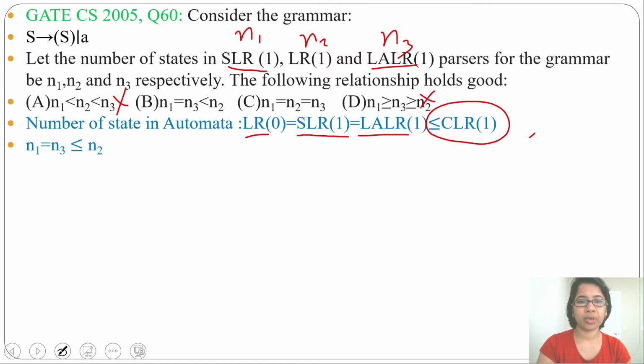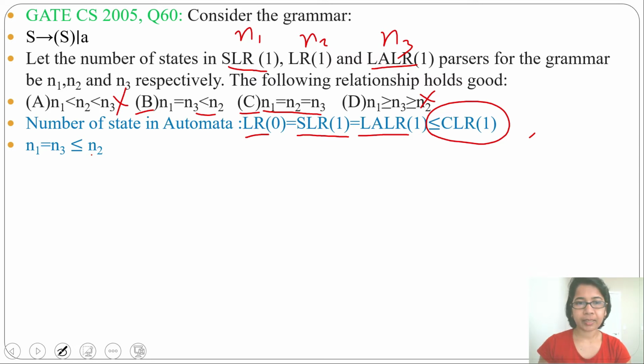Option D will be ruled out. Next, there are two options, option B and option C. Option B is N1 equal to N3 less than N2, and option C says all are equal. From these two options, we need to check whether N1, N3 are less than N2 or N1, N3 are equal to N2.